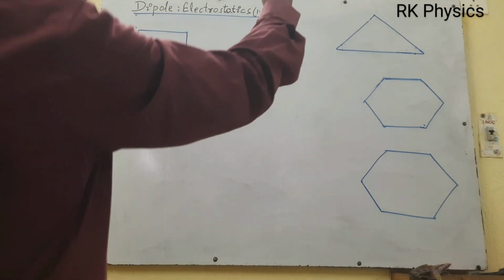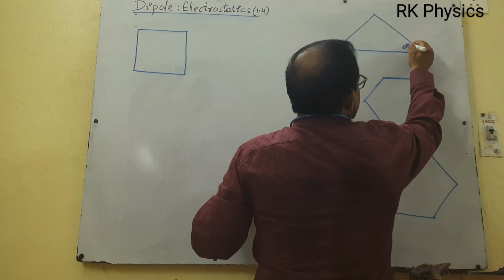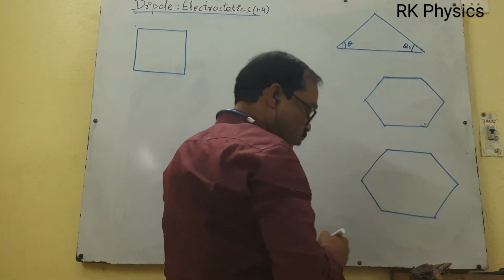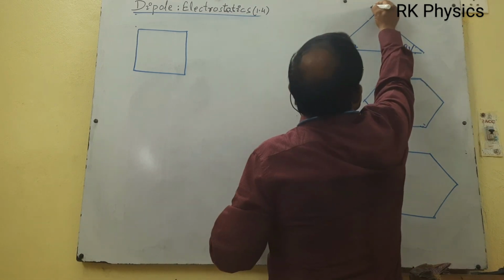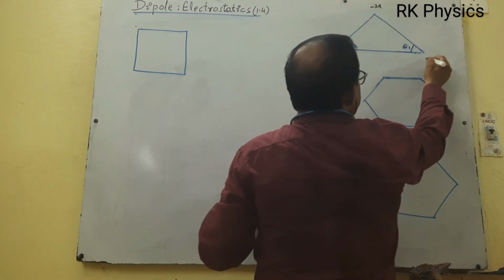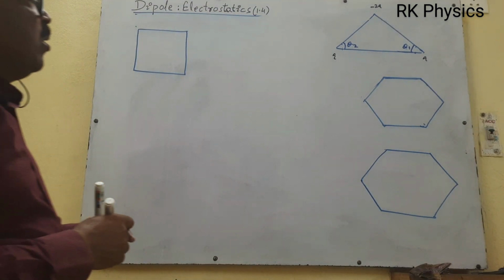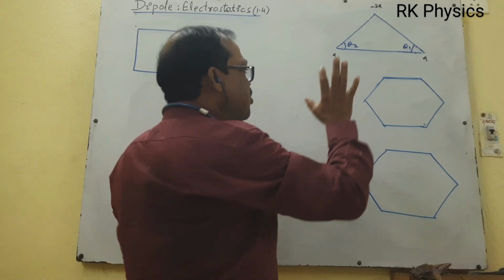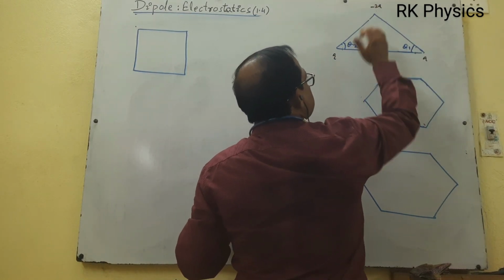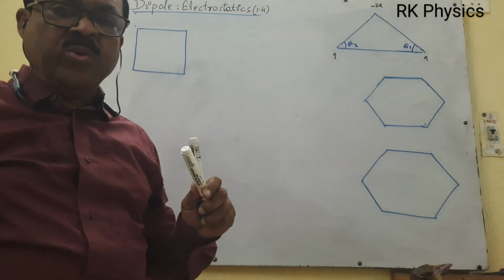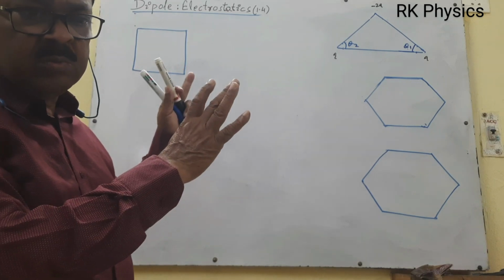Now, let us consider a triangle. Angles are theta 1 and theta 2. Suppose three charges, minus 2q, plus q and plus q, are arranged at the vertices of a triangle. If you observe, the sum of the two positive charges equals that of the negative charge, so is there an arrangement of dipole or not?